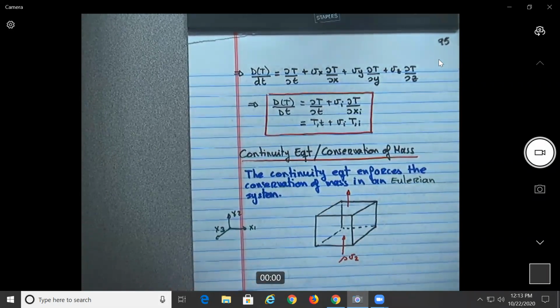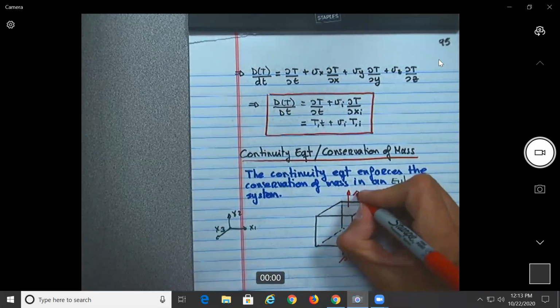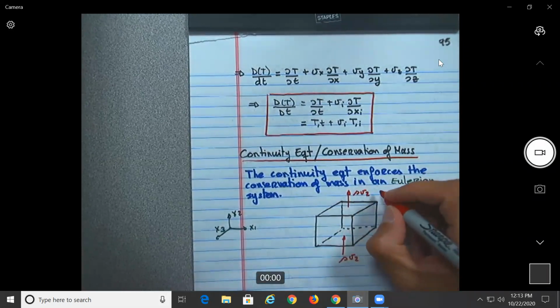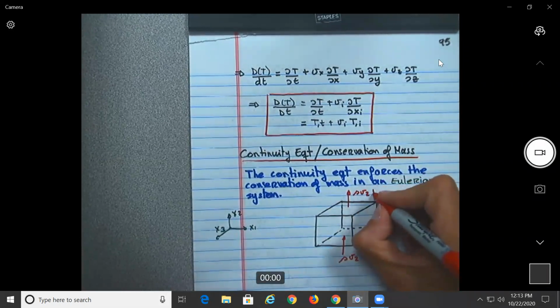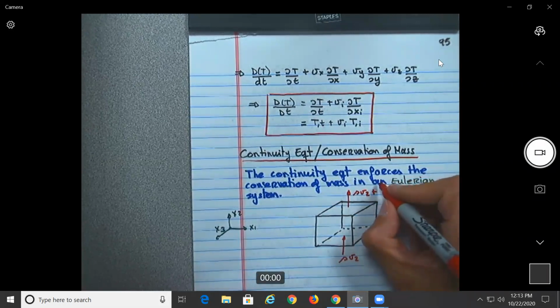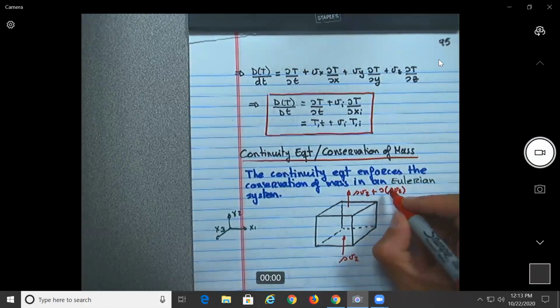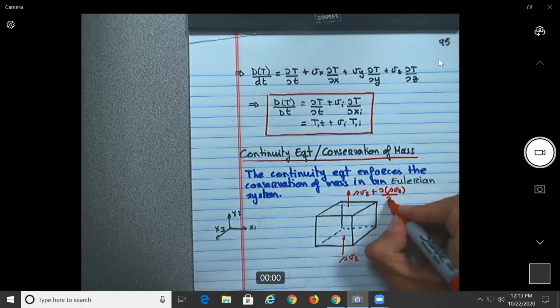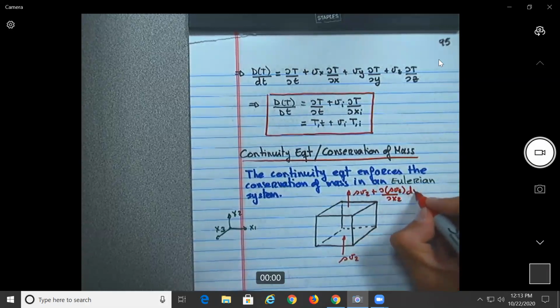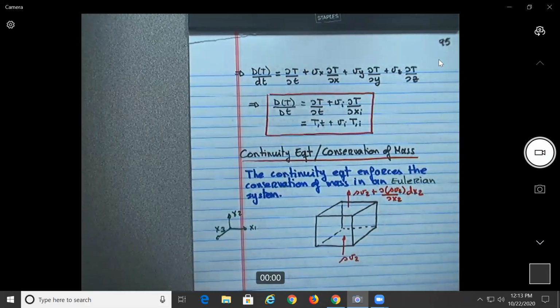Now, if mass comes in over here, what should be the amount of substance coming out of this side? It would be the same quantity plus the partial of rho V2 in the X2 direction, dx2. I'm sure you have done this one, no?